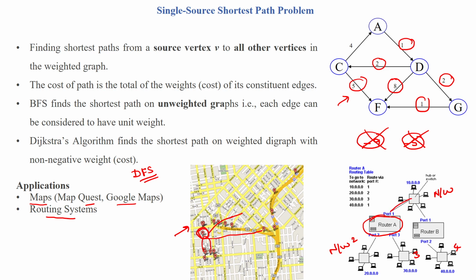So to select the shortest path to reach this network, suppose I want to pass the data from this one to this computer, then we can select the shortest path by using the DFS algorithm or Dijkstra's algorithm. So single source shortest path algorithms are used for finding the shortest routing in computer networks.